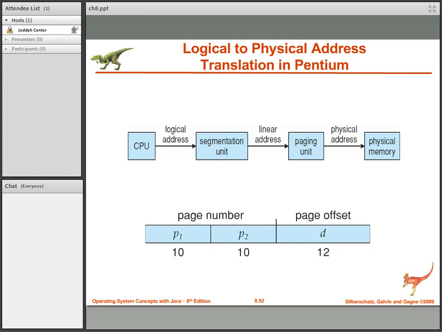This is passed on to a paging unit that gives you the physical address in the physical memory. And at the bottom, you find the actual linear address. It has a P1, a P2, and an offset: a P1 of 10 bits, a P2 of 10 bits, and an offset D of 12 bits.